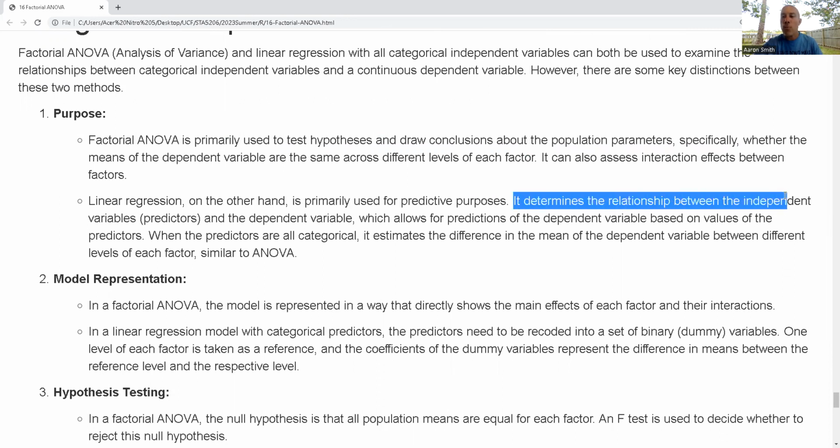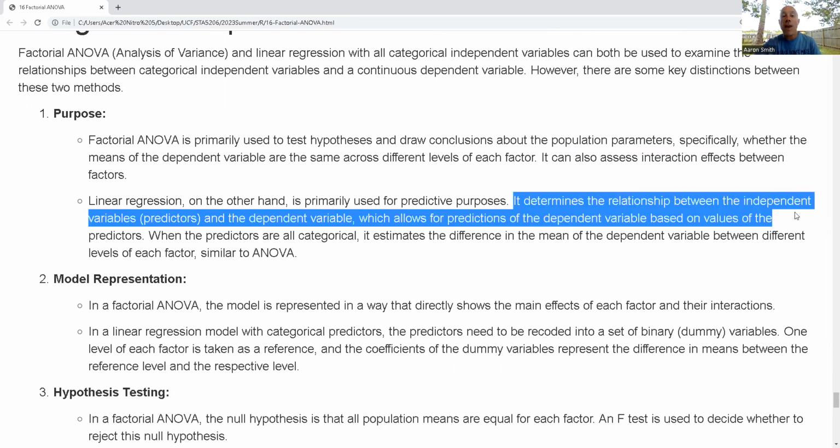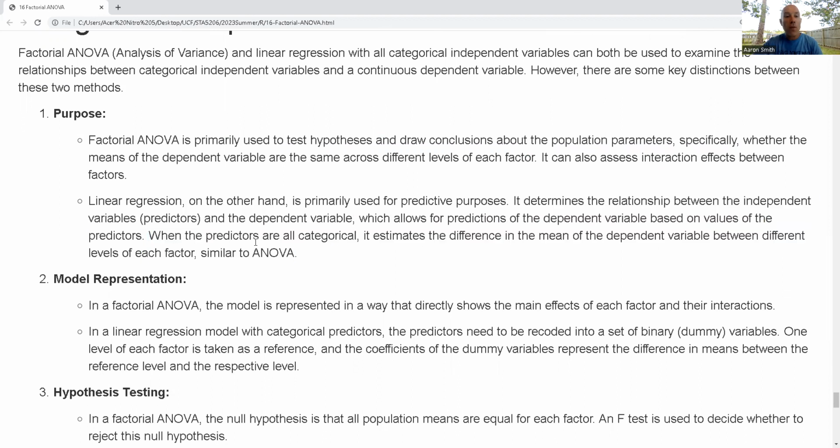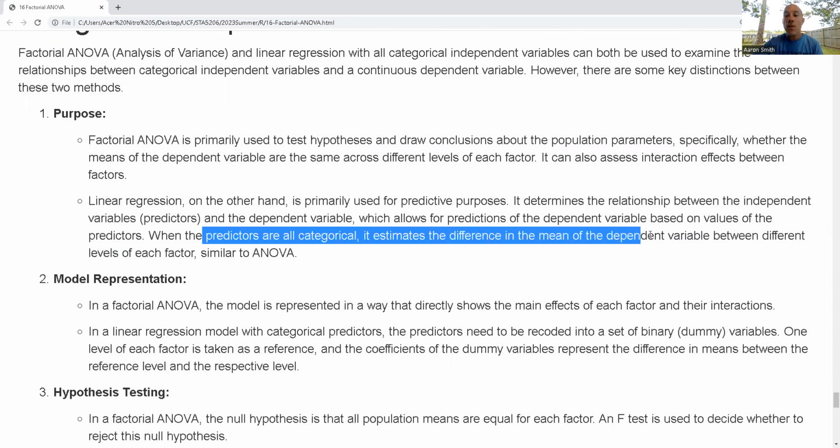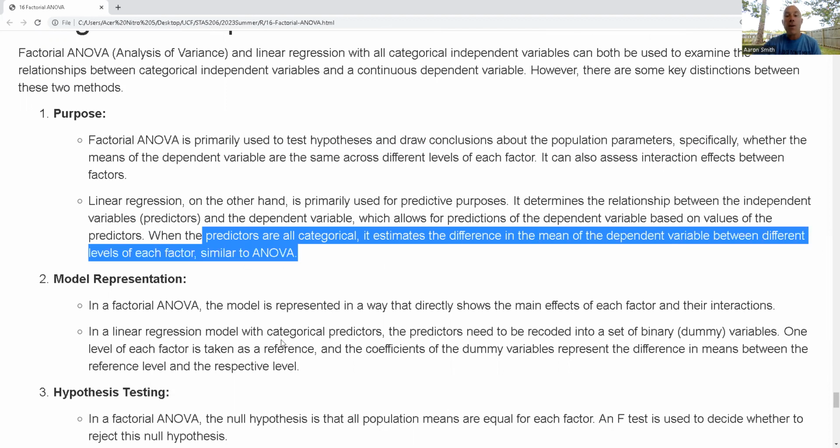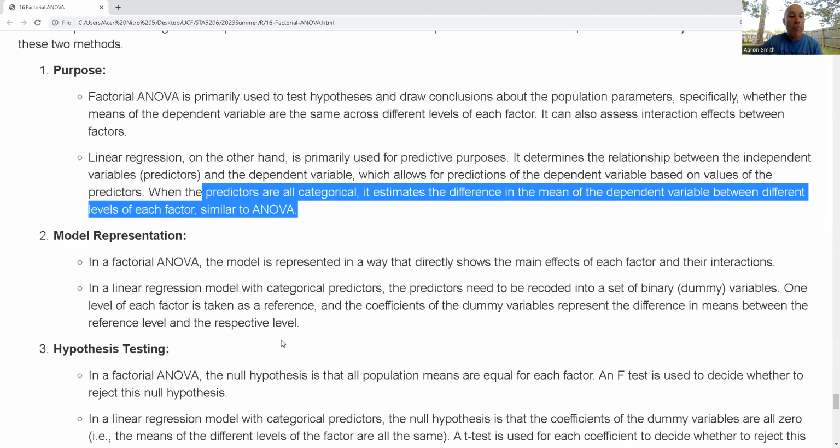It determines the relationship between the independent variables, predictors, and the dependent variable, which allows for predictions of the dependent variable based on the values of the predictors. When the predictors are all categorical, linear regression estimates the difference in the means of the dependent variable between different levels of each factor. So this is actually similar to ANOVA.